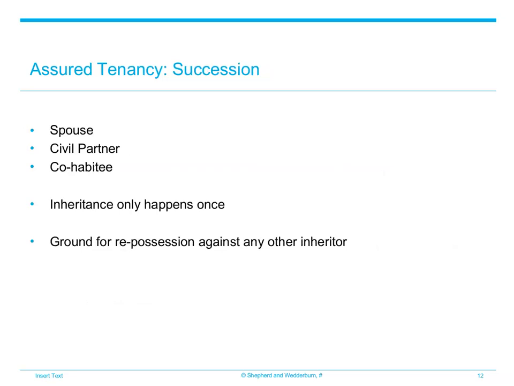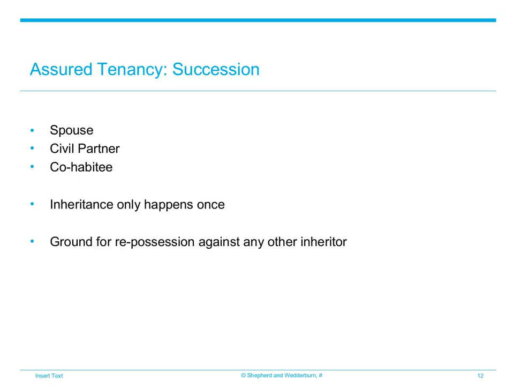So lastly, on assured tenancies, succession differs slightly from regulated tenancies, but not too much. It's only a spouse or a cohabitant of the tenant that can inherit. A spouse or civil partner or cohabitee, and that inheriting tenant must have resided in the property as their only or principal home together with the deceased tenant.